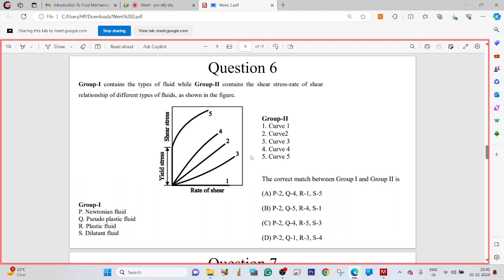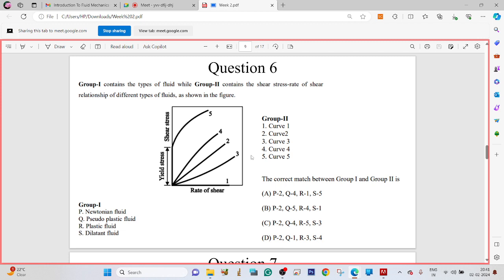Two, right? Yeah. And which one is the dilatant fluid? Dilatant means which one? Tell me. 3. Yeah. Dilatant is 3 and pseudoplastic is 4. And so Newtonian is 2.